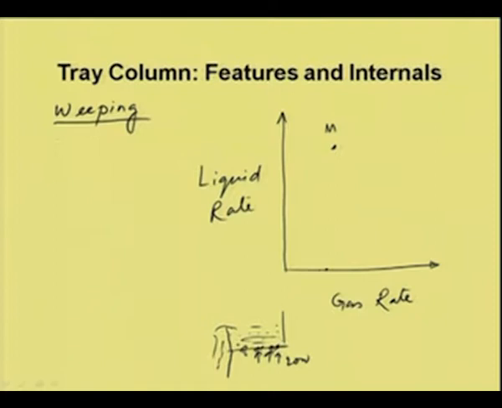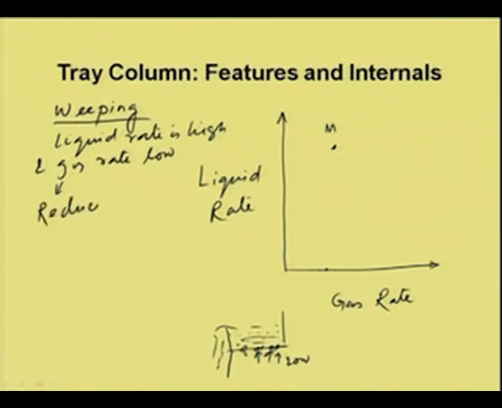When liquid rate is high and gas rate is low, this reduces the efficiency of the column, reduces the efficiency of the tray, because some of the liquid is not in intimate contact with the gas.